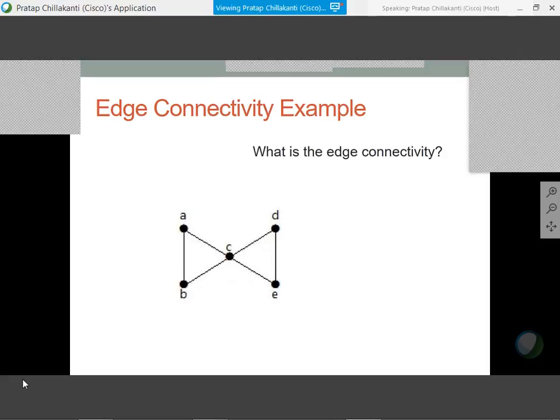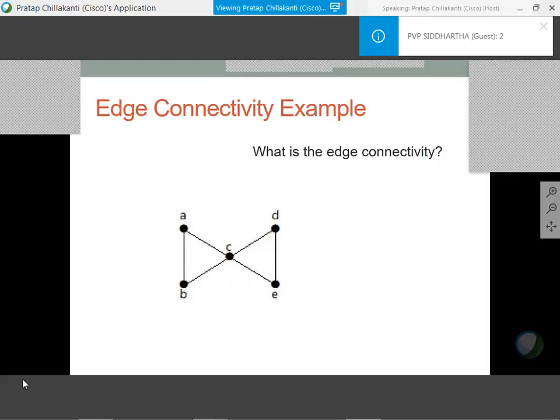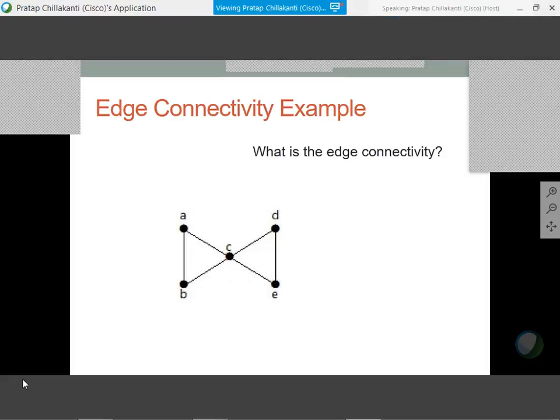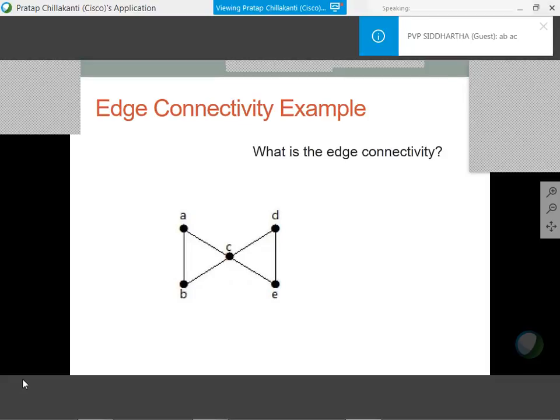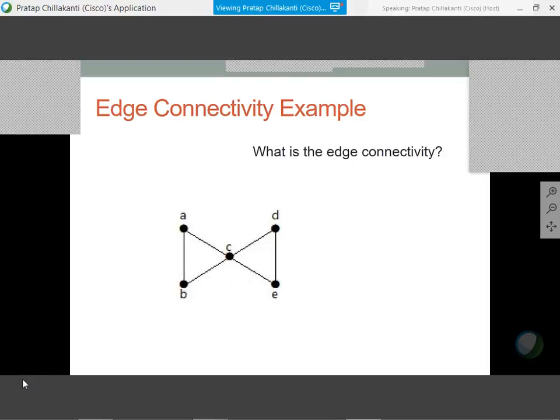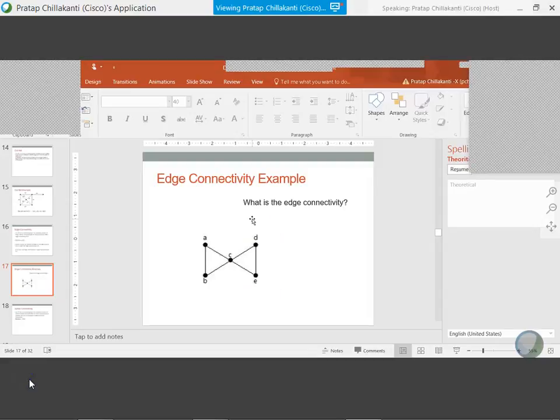Edge connectivity is how many edges you have to remove to make a graph disjointed. 2. Okay, tell me what the 2 edges are. Is that the only solution? Great. Let me go to the next slide.